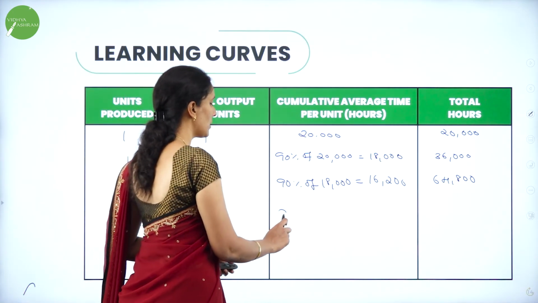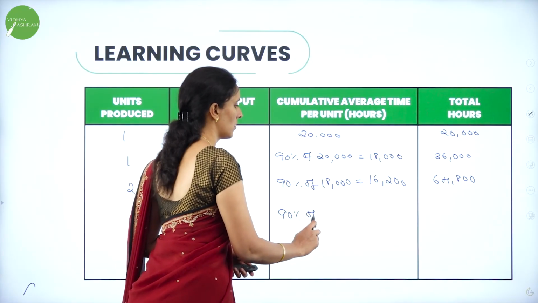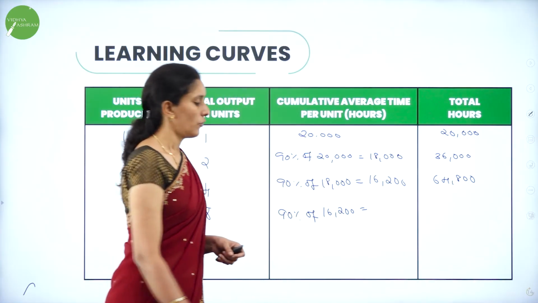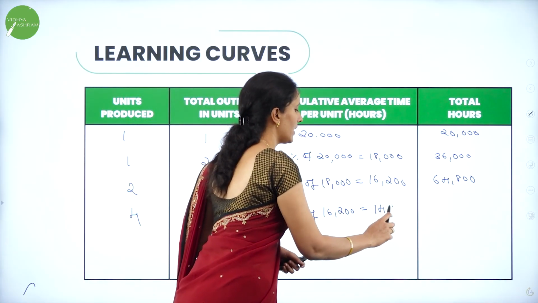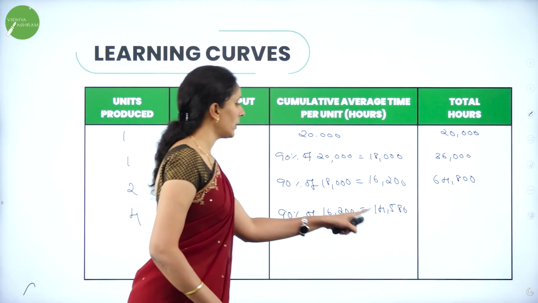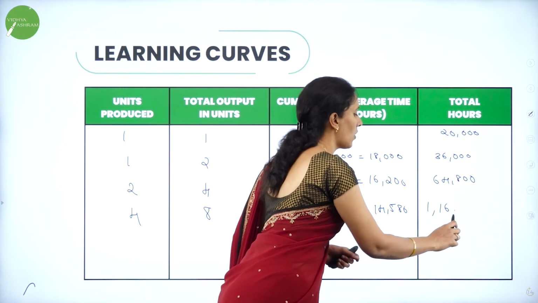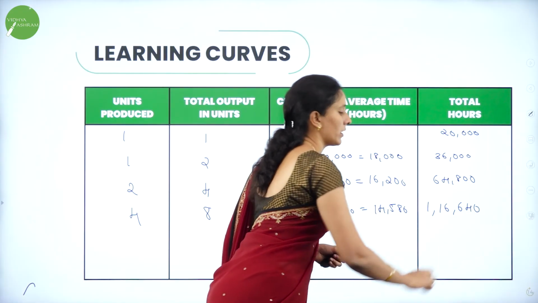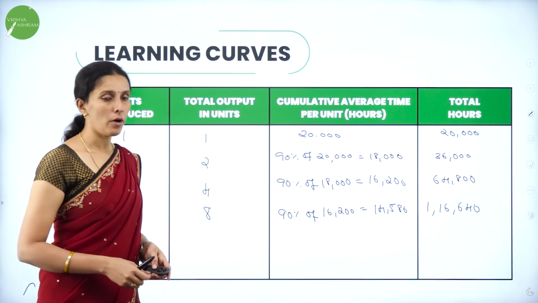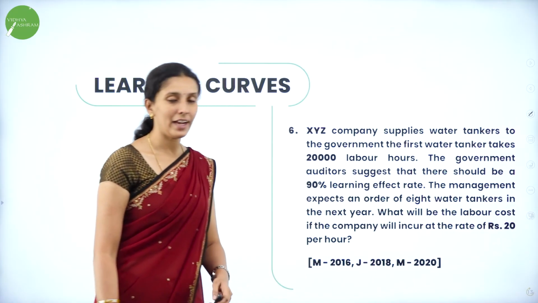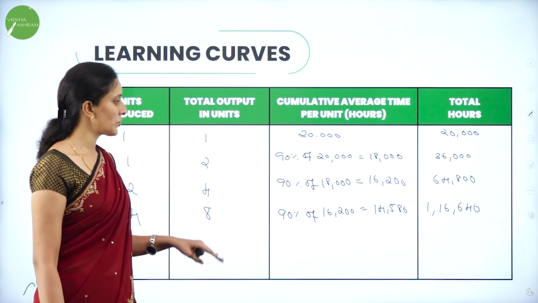So again 90% of 16,200. That is equal to 14,580. 14,580 into 8 is 1,16,640. Now here we need to stop because we need to take an order only for 8 water tankers. Hence we will stop here.